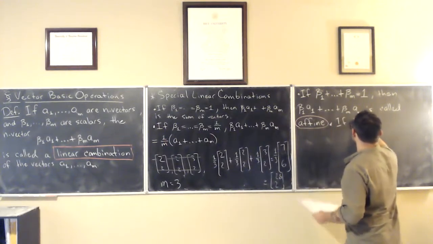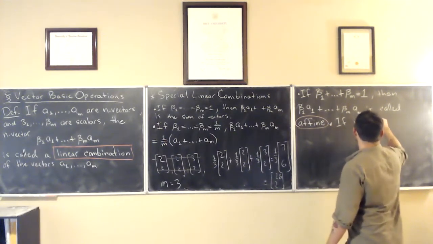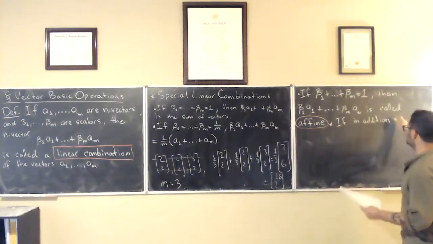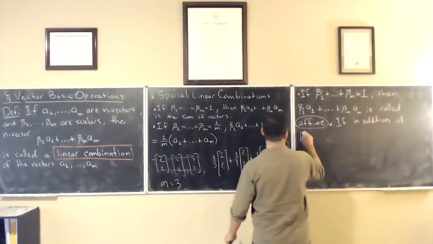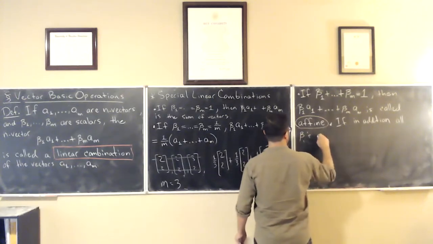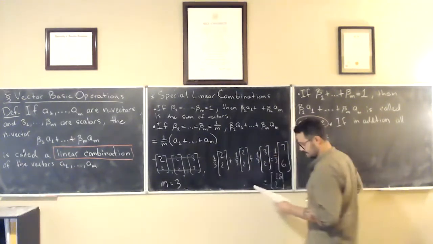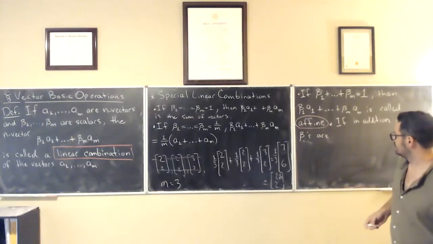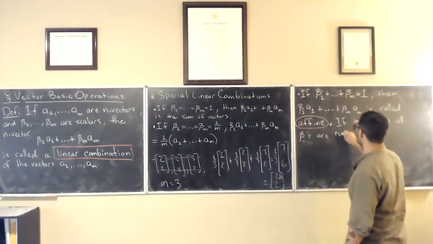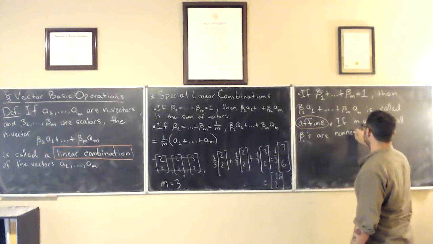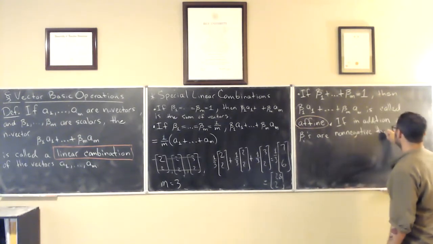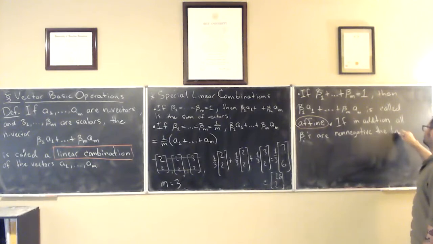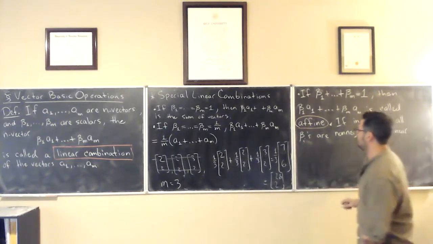If in addition all betas are non-negative, the linear combination is called convex.